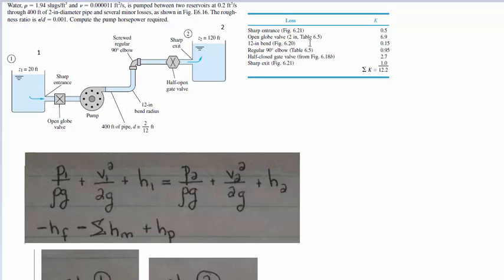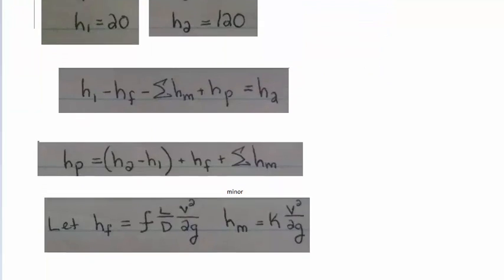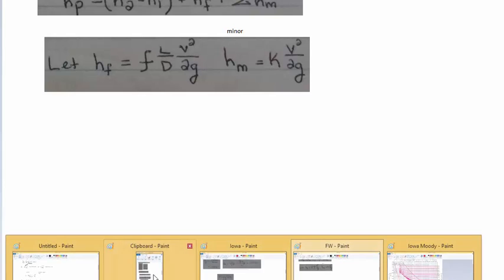So all these are going to depend on the same velocity, and that velocity is going to be the velocity through this pipe region here. And we're going to assume that's going to be the same throughout. So all of these are going to have the same V squared. Remember, we have many of these H sub M's, but since they have the same velocity, we can do the following distribution.